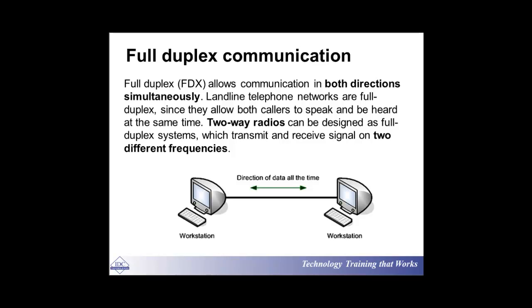If it is half duplex, it means that while station A is sending information to station B, station B cannot send any simultaneous data. They have to wait until the communication from point A is finished, and then they start sending back the information.